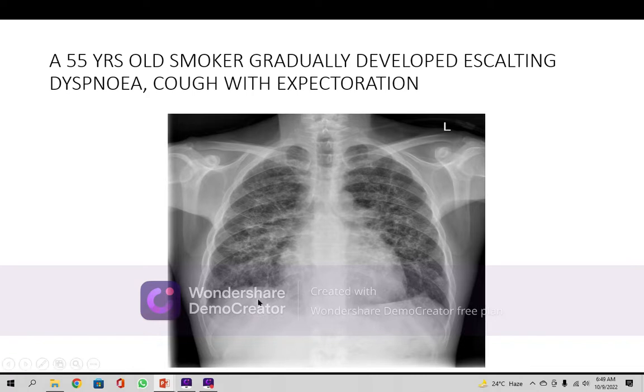Now, do the HRCT and the sputum examination with AFB, exclusion of tuberculosis, and the other routine investigations. Ultimately, you have to do the biopsy because it is not fitting into anything.